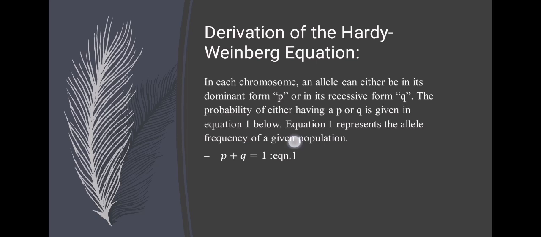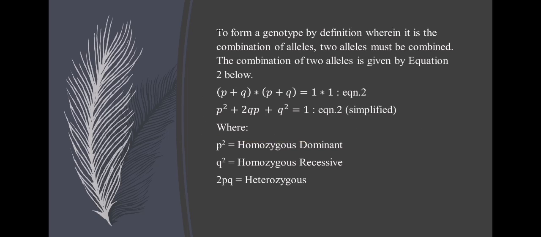Next, to form a genotype, by definition the combination of alleles, two alleles must be combined. So basically, in mating, we have two parents and the alleles from those parents will be added.